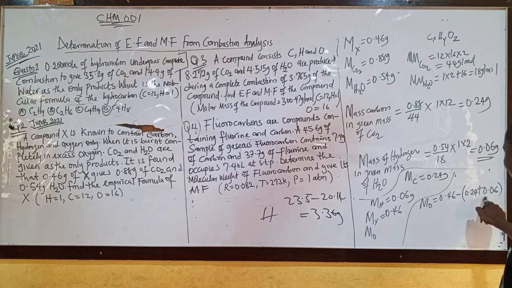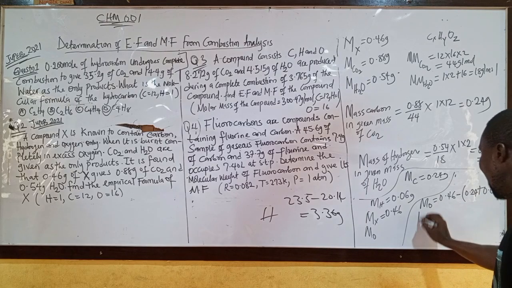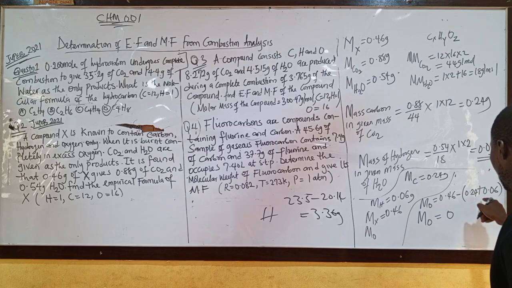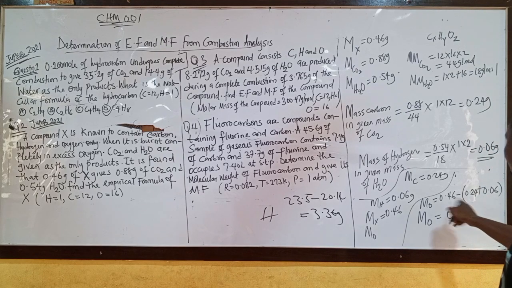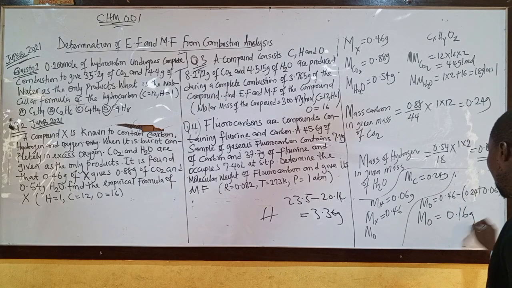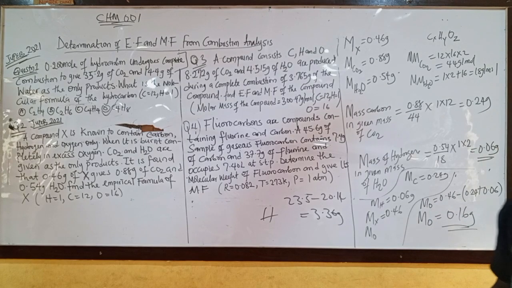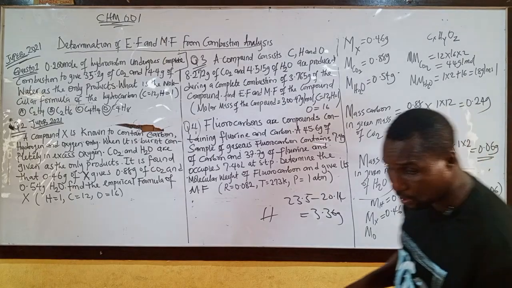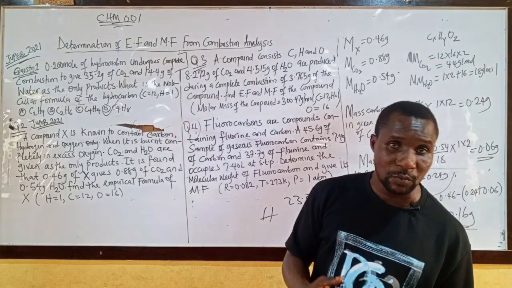You will add these two, then take it away from here. This one gives you 0.3. Take 0.3 away from 0.46. You have 0.16 grams. Mass of oxygen is 0.16 grams.